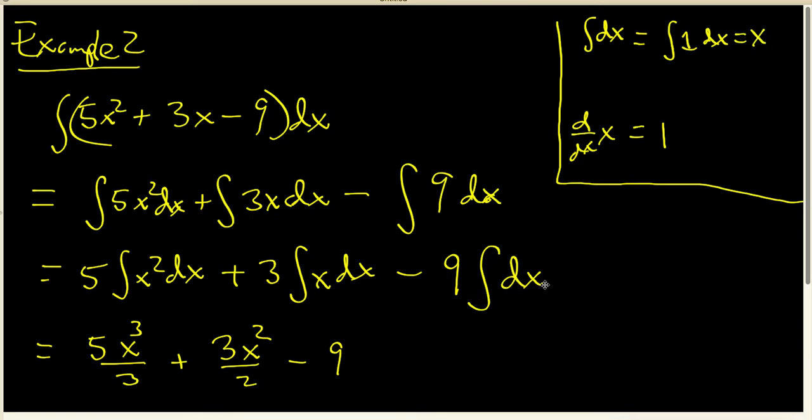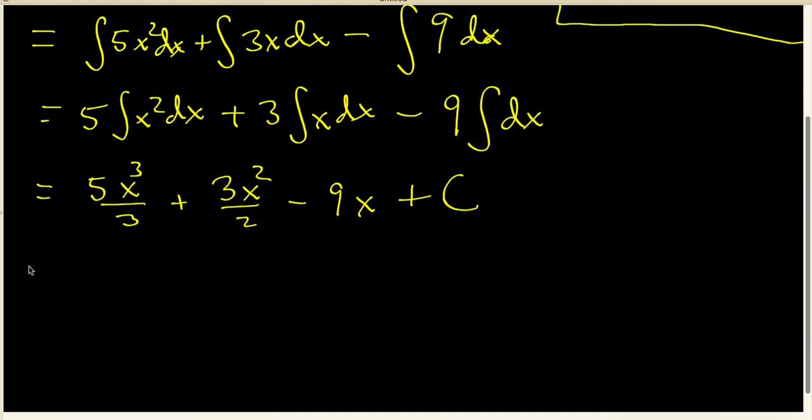So this particular integral down here is going to be 9x, and then I have any constant that I want to add. So the antiderivative of 5x squared plus 3x minus 9 is going to be 5x cubed over 3 plus 3x squared over 2 minus 9x plus whatever constant you want to add.